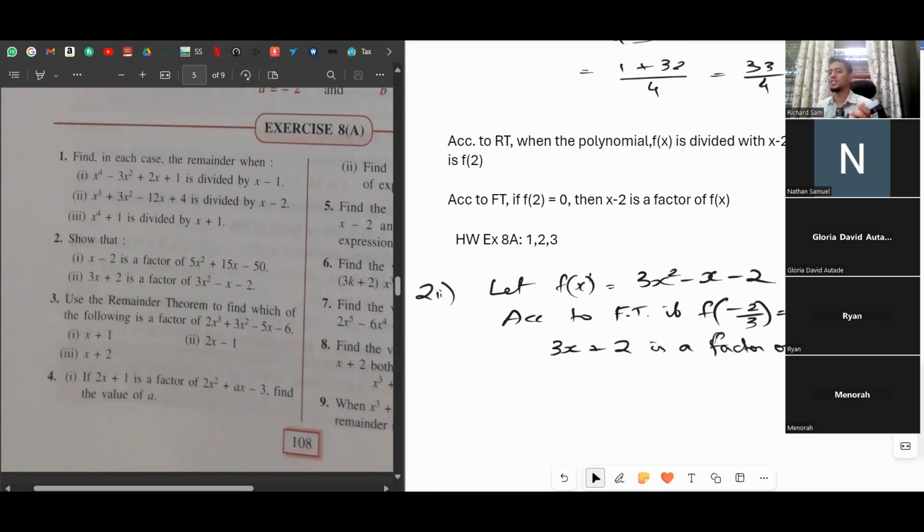Beryl, now you read that statement which you were reading before, no? Like whatever you read before, just read that. Since 2x plus 1 is a factor of the polynomial f of x, therefore f of x is equal to f of minus 1 is equal to 0.